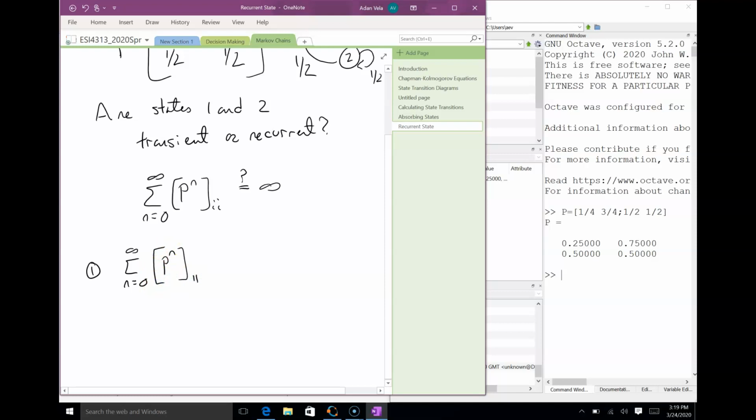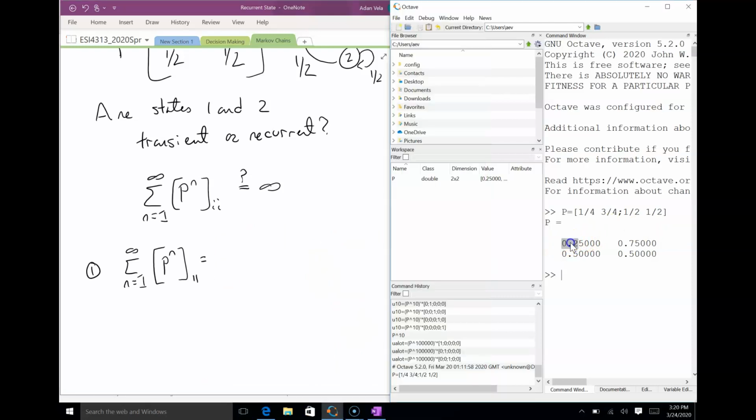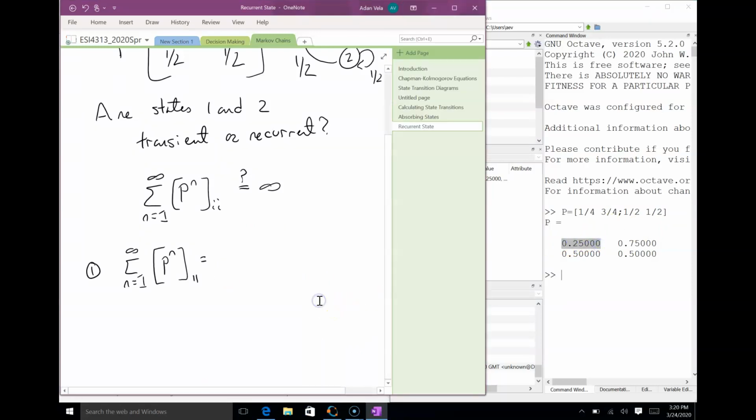So we'd start by taking out the 1, 1 term. Oh, and I made a mistake, this should be 1. I'm surprised I did that. We take out the 1, 1 term, so we get 0.25.